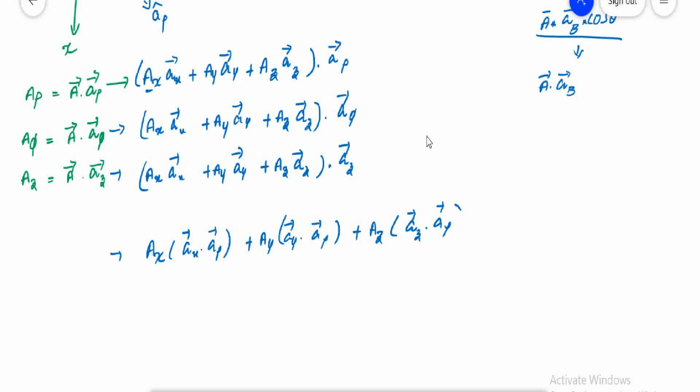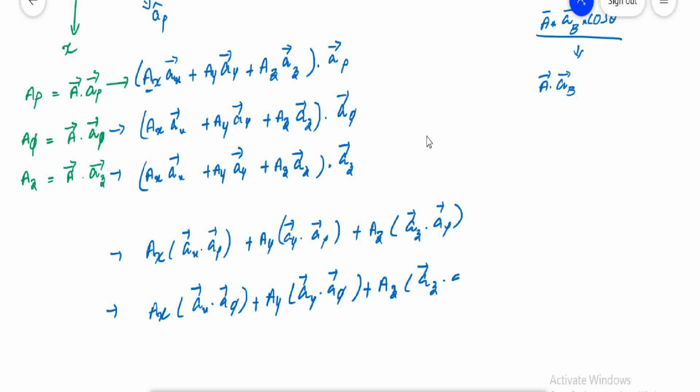Next, the second one is ax dot a phi plus ay dot a phi plus az dot a phi.